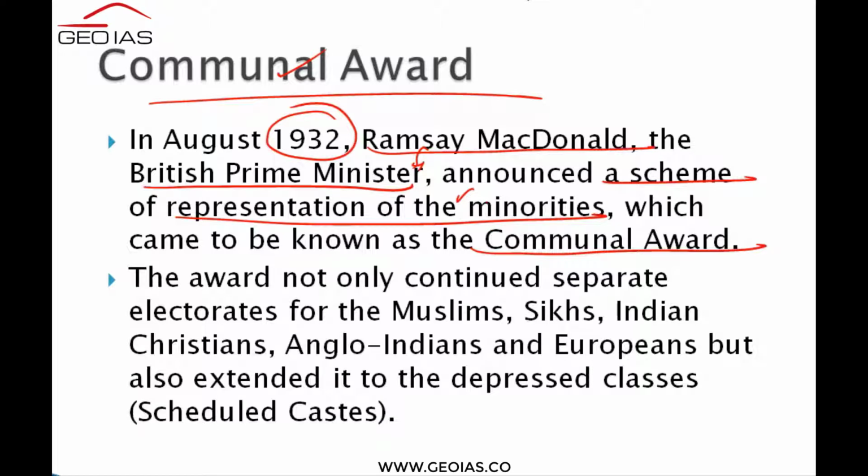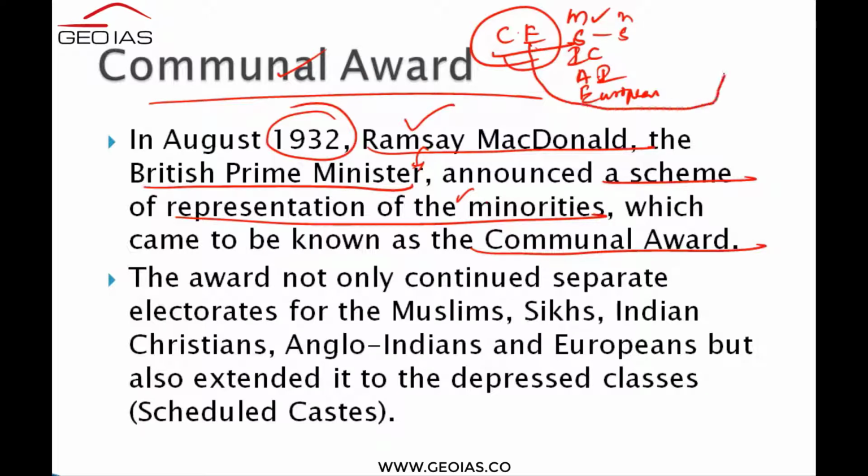For example, we have communal electorate for Muslims, Sikhs, Indian Christians, Anglo-Indians, Europeans, all these people. Communal electorate means Muslims can vote only for Muslim representatives, Sikhs can vote only for Sikh representatives. Then Ramsay MacDonald wanted to bring this communal electorate system even for depressed classes in India.